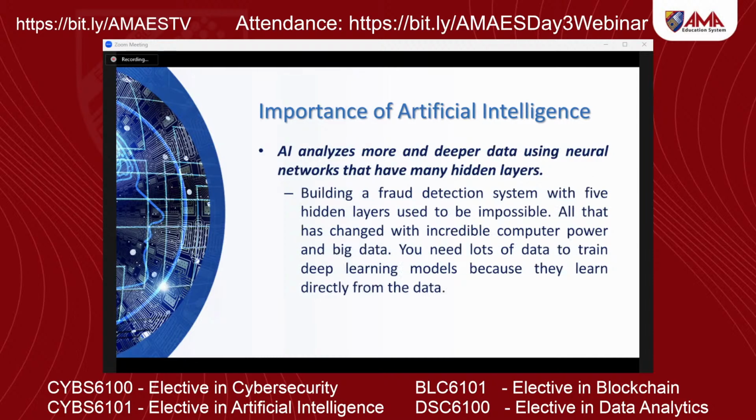Next, AI analyzes more and deeper data using neural networks that have many hidden layers. So building a fraud detection system with 5 hidden layers used to be impossible. All that has changed with incredible computer power and big data.